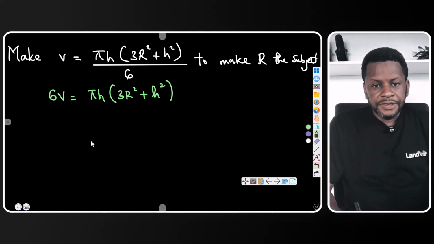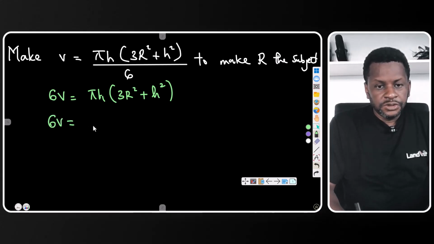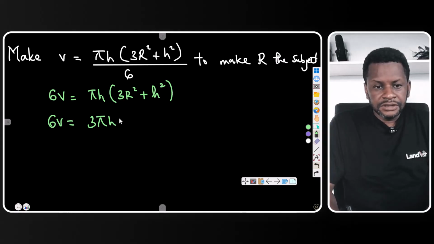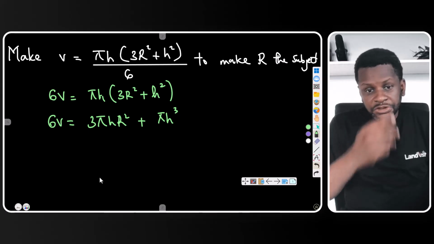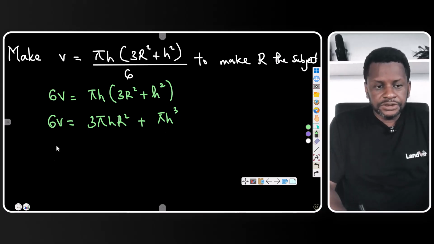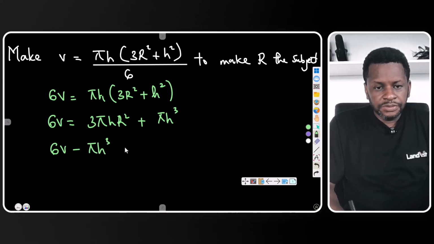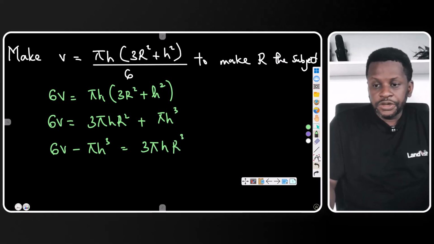Now you need to expand this bracket, so you're going to have 3 pi h r squared plus pi h cubed. Now you need to subtract pi h cubed on both sides, so you're going to have 6v minus pi h cubed, and that will be equal to 3 pi h r squared.